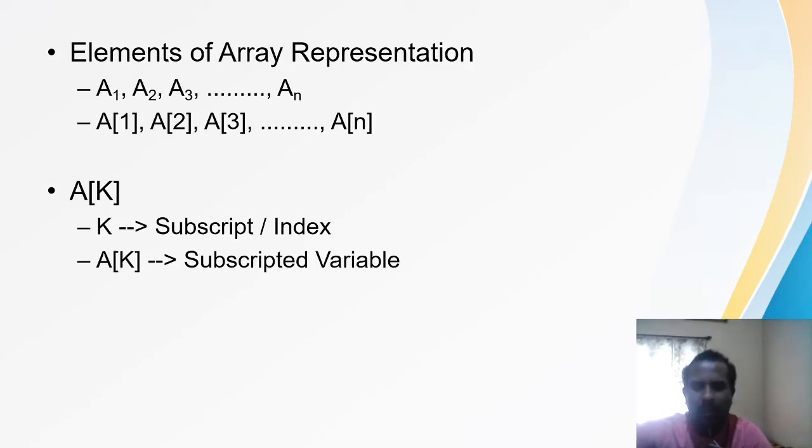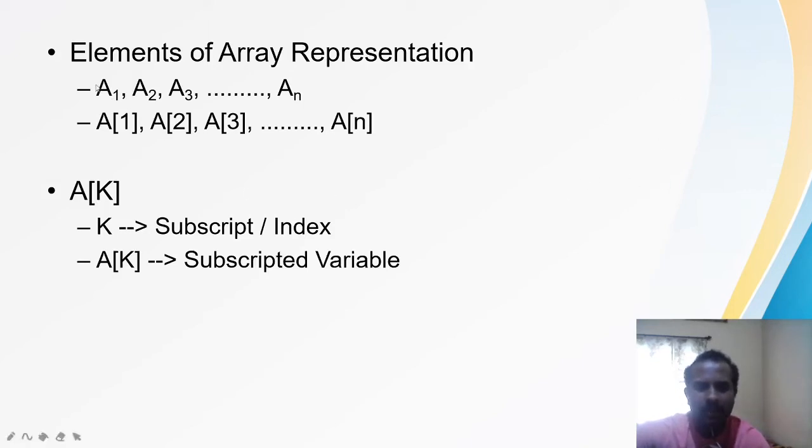So if I am having A of k, k represents the subscript or index and A of k represents the value present in the array in that particular index location.